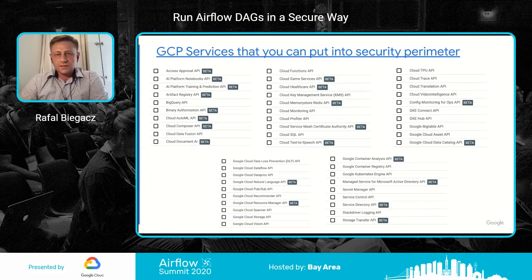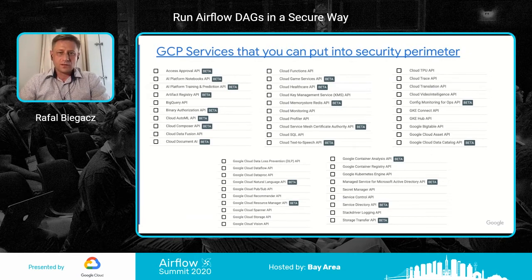This slide mentions all the GCP services that currently support VPC Service Controls. The number of them is 49, and the list of VPC-SC compliant services is growing every quarter.